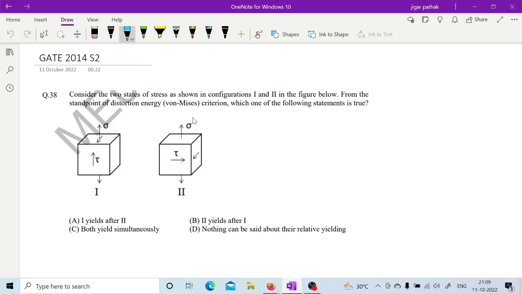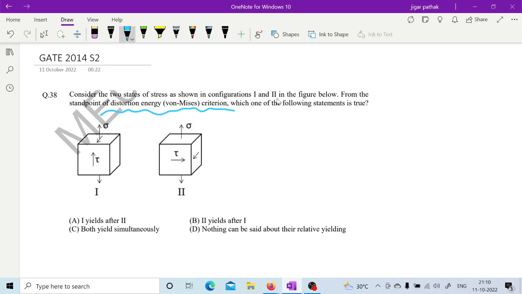From the standpoint of distortion energy, von Mises criterion, which one of the following statements is true? So you can use this von Mises criterion, right?